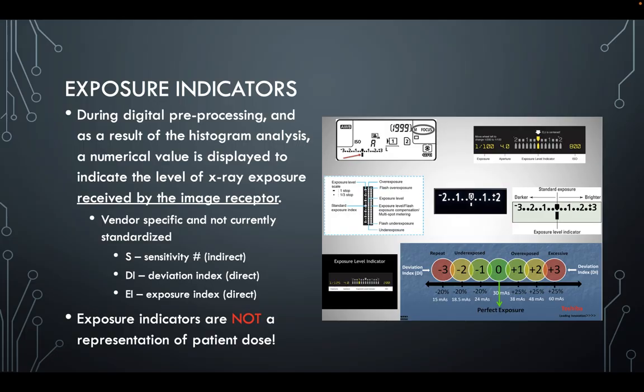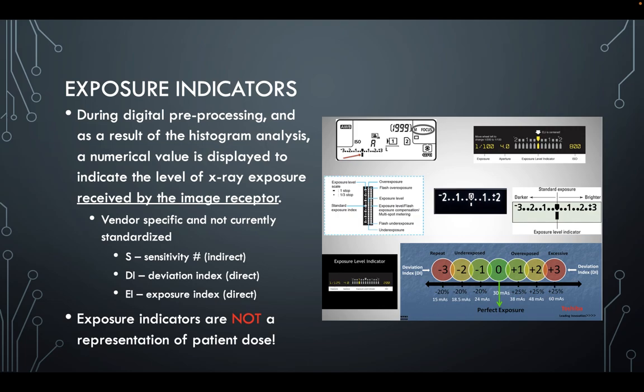So essentially, when I set my technique and my parameters, and I have my lookup table set for, we'll use a femur again, and I take an image, what happens during pre-processing is the software takes the signal that it receives and compares it to what it was expecting.